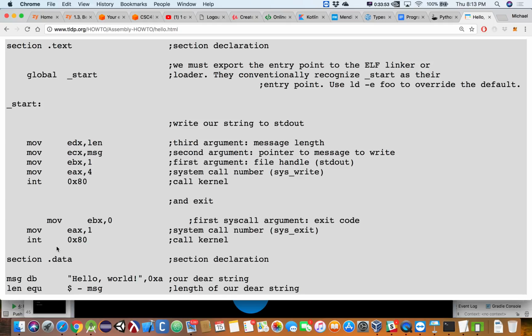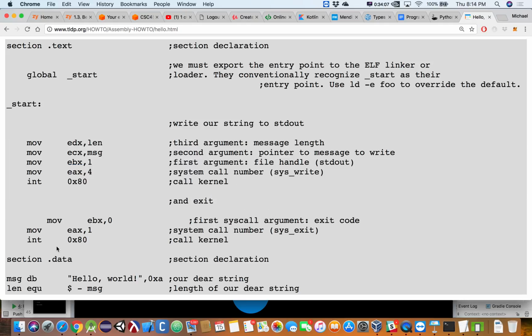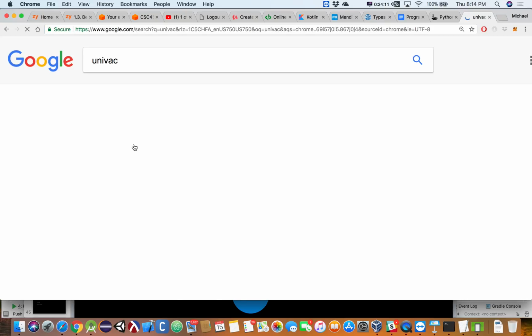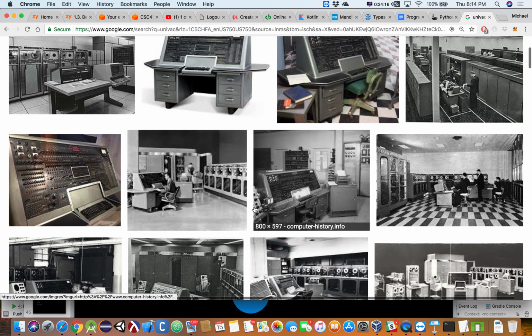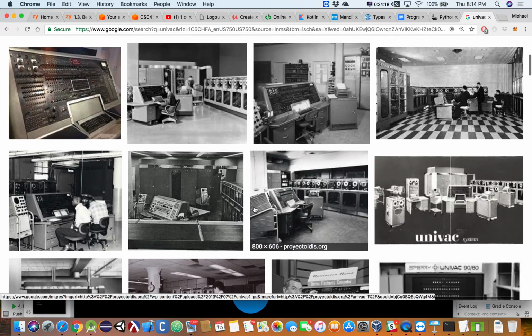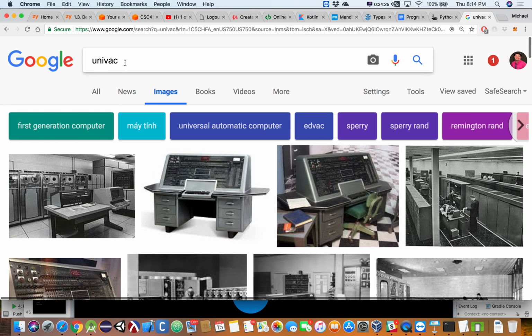What did we do before we had those? Not a lot. How many of you have heard of UNIVAC or EDVAC? There we go. This was a computer. And that's not even the largest.